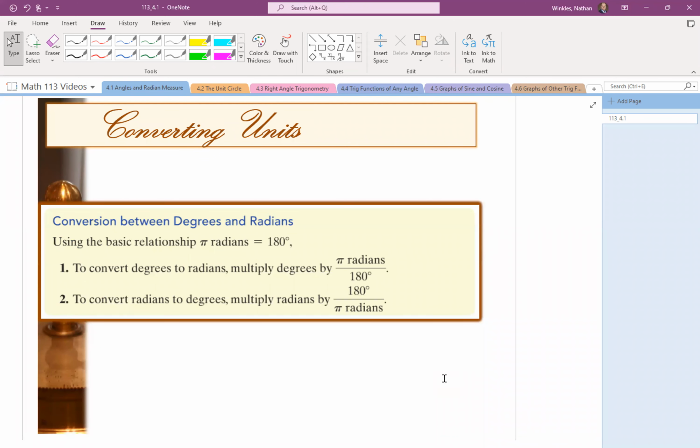Unless otherwise specified, we want to leave everything as a fraction instead of a decimal, because a decimal is not fully accurate, unless it were to come out to even like 0.5 or something like that. To convert radians to degrees, we multiply our radians by 180 degrees divided by pi radians, and that will give us an answer in degrees.